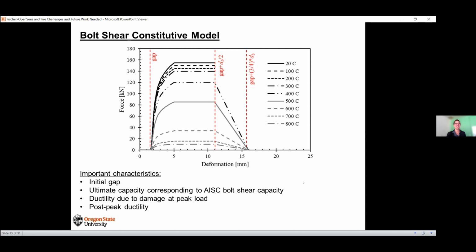The fracture surface changes, and we are seeing that the bolt is capable of more deformation at elevated temperatures. So while it's not capable of transmitting and resisting as much load, it does have more ductility at elevated temperatures. And so we incorporate that into our bolt shear constitutive model to capture that behavior at different temperatures: brittle behavior at temperatures below 400 degrees Celsius, and ductile behavior at temperatures above 400 degrees Celsius.